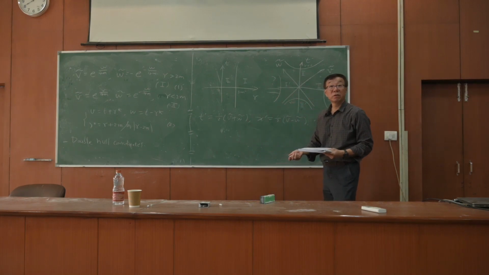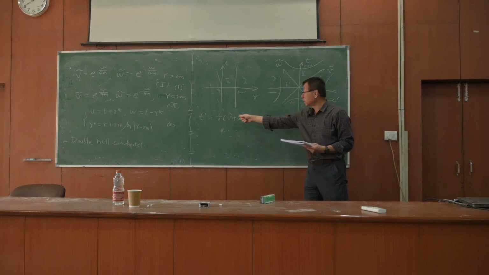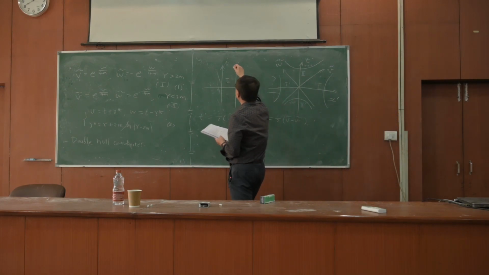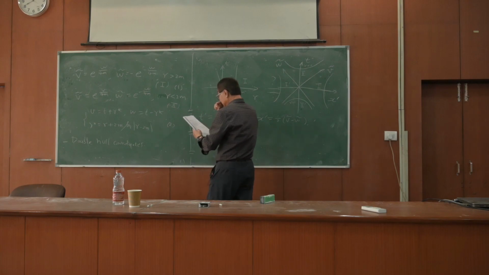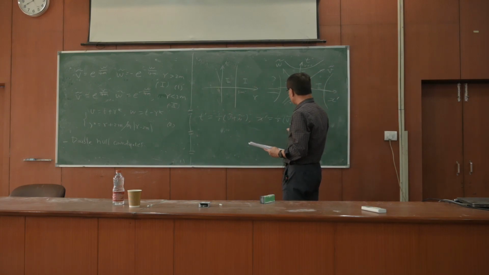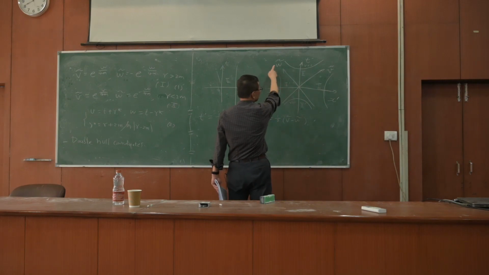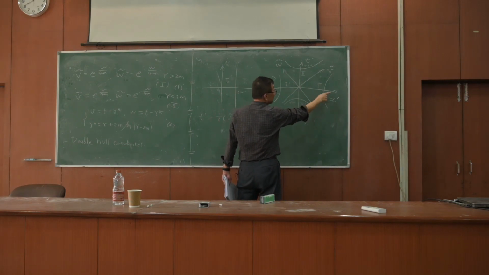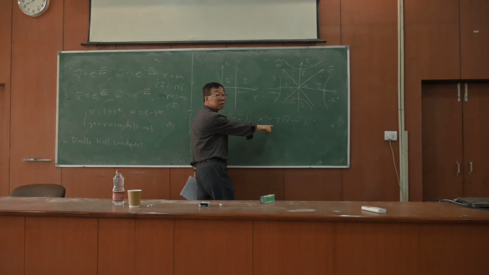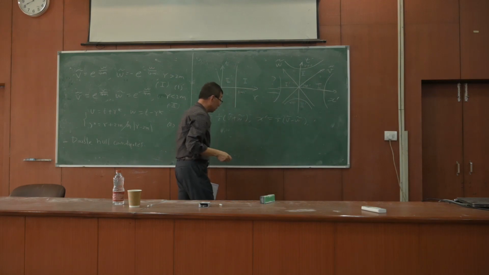In my notes you will see I use prime, so I still keep the use of V0. They are equal, so I will use this one. Then you can see this is exactly 45 degrees.